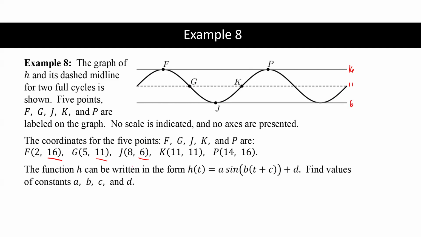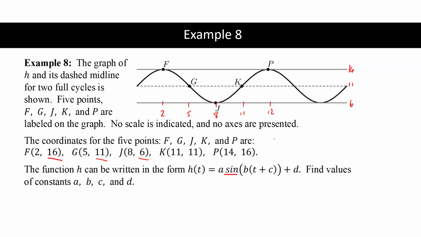F is at 2, G is at 5, J is at 8, K is at 11, and P is at 12. And we need to find our A, B, C, and D, analyzing a sine function.